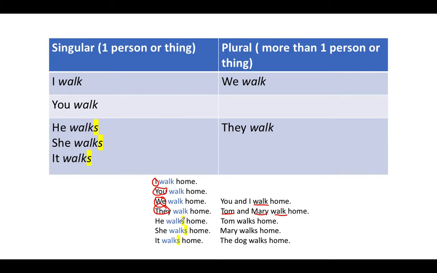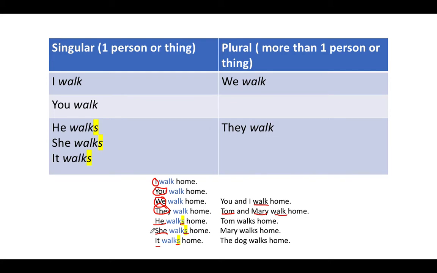He walks home. We have to have the S at the end because of he. She walks home. S because of she. It walks home. We have to have the S because it's an it. So for he walks home, you would say Tom walks home, right?